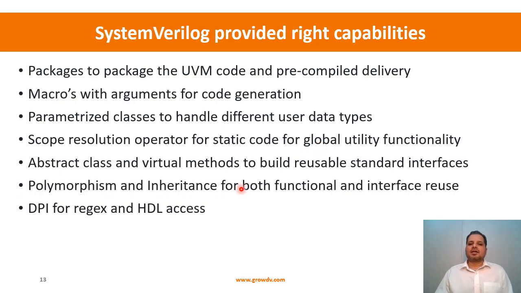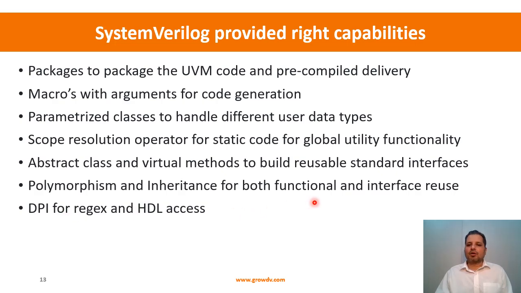So that we could see. And then there is a sense of polymorphism and inheritance that's inherent in SystemVerilog, and which has enabled both functional as well as interface reuse. So we will see that in the object base class hierarchy, there are several levels of extension, and each level provides some unique functionality, right? It builds on what has already been provided and adds some unique functionality, and then depending on what functionality you are implementing, you extend the base class at the appropriate level.